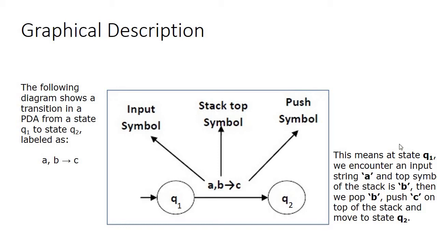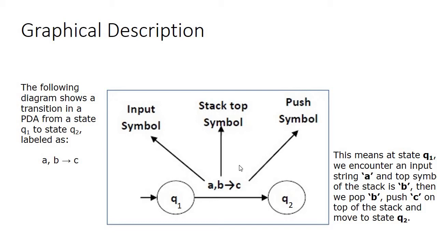So the very first member reflects the stack top, and it produces C, which means that we are replacing the stack top with the next value. If we just want to push something over the stack without removing anything from there, we can say epsilon arrow, the value which we want to push on the stack.